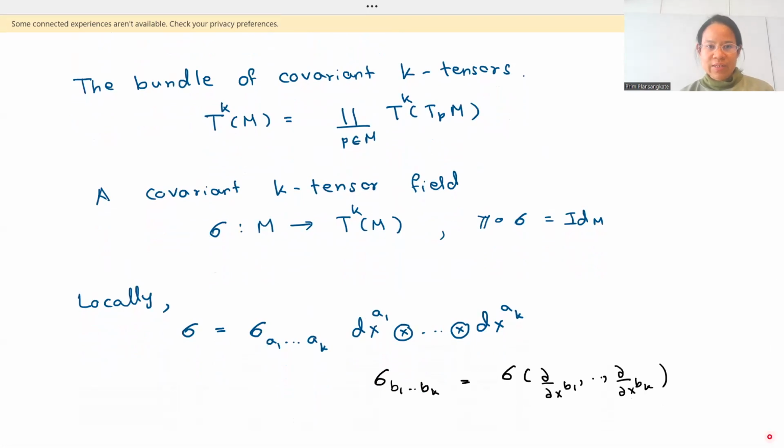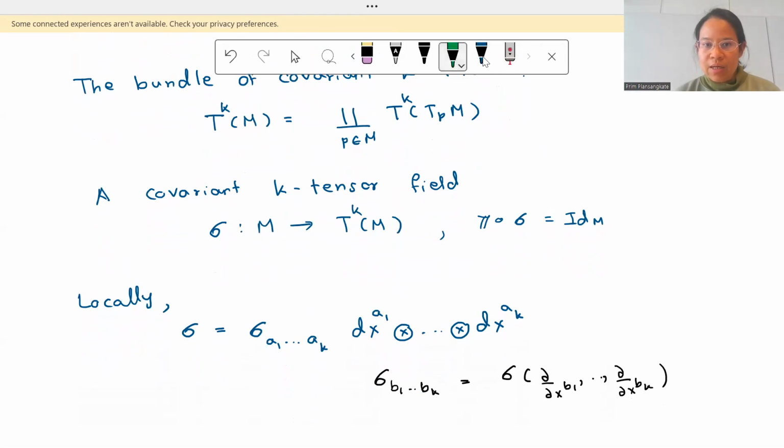And locally, any K tensor field can be written in this form, where well, here we have extended the tensor product to tensor fields, which you can do pointwise. What I mean is, suppose you have two tensor fields, say sigma and tau.